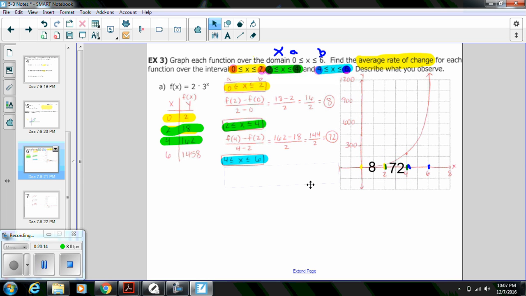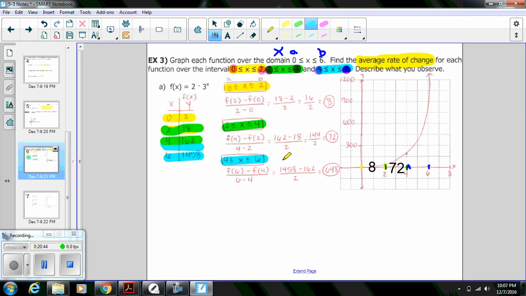Then I have my very last interval, from 4 to 6, marked on the graph in blue. I'm going to plug into that formula again. I have f of 6. So I've got to go figure out what f of 6 is. I go over here, f of 6, out pops a 1,458, so I plug that into the formula, minus f of 4. If I look at f of 4, that's right here, out pops a 162.